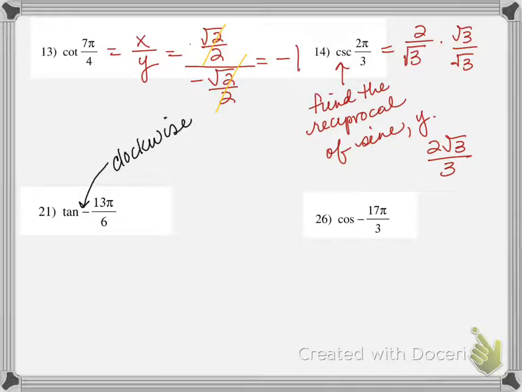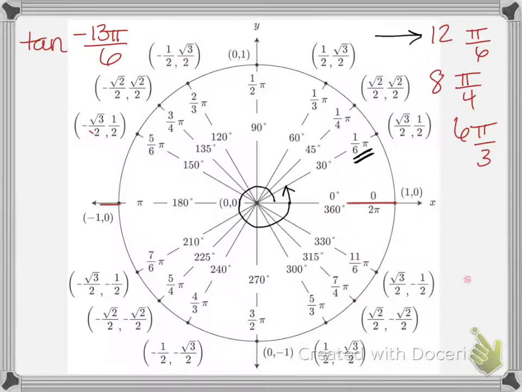Okay? So rotate in a downwards fashion. Okay, so let's focus on the fact that we just want to know where tangent of 13 pi over 6 is. So 13 pi over 6 means we had to count a whole bunch of 6s.